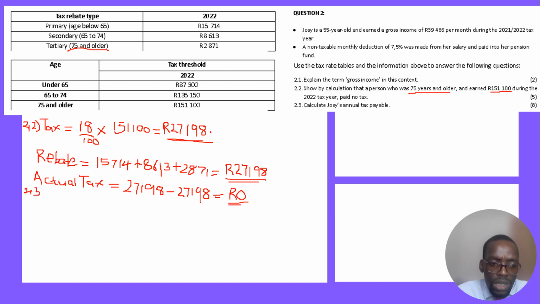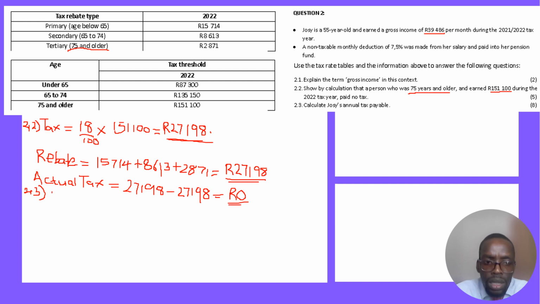So what it means now is, remember we said Josie is earning, where is the monthly income? Okay, the monthly income is there. So she is earning a gross income of 39,486 per month.